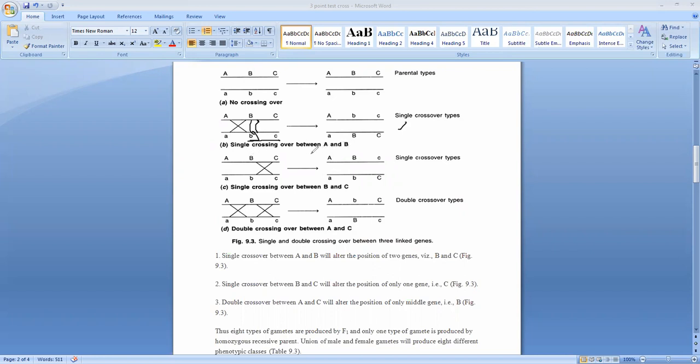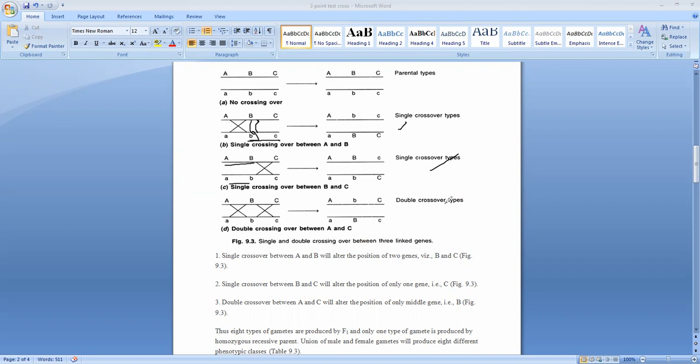Now, if the crossover is between B and C, then A and B are linked. At this point, this will stay up and C will come down. So this is also a single crossover.